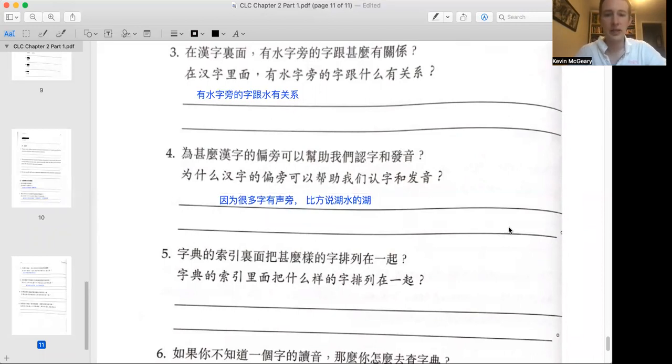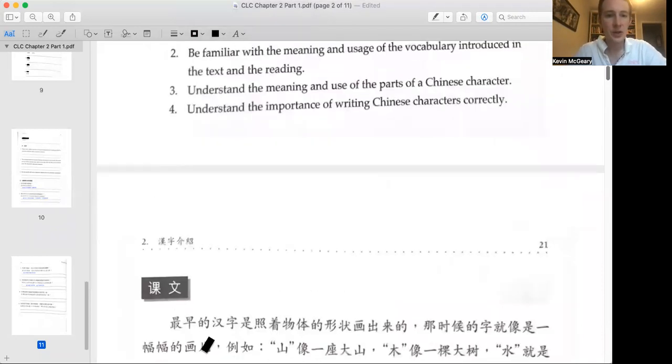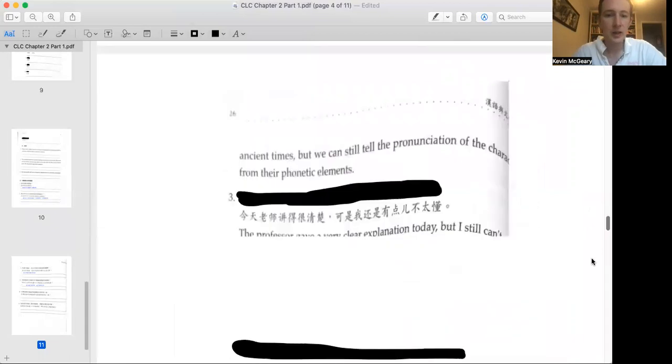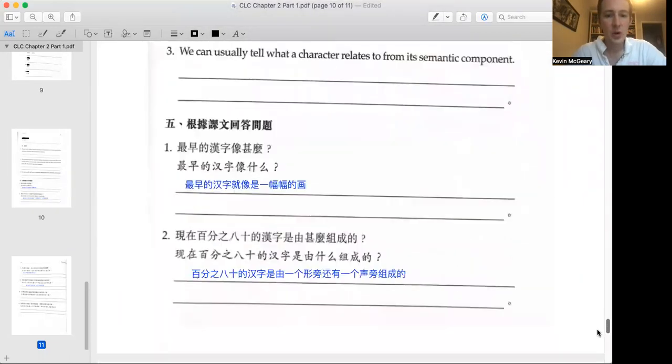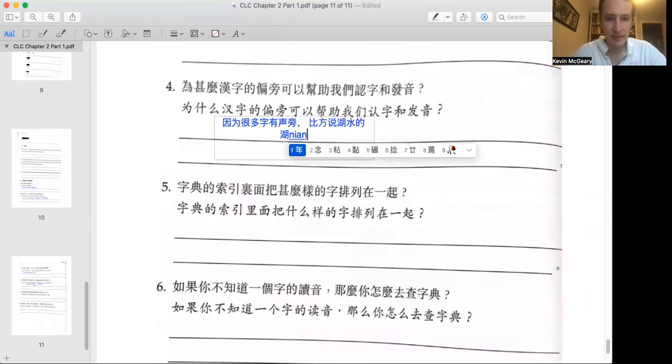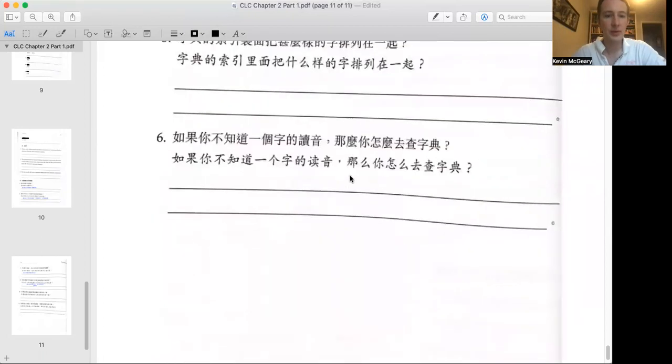So we'll just tidy it up a bit. 湖念湖，湖水的湖念湖, this character 湖 as in Hu Jintao, the former president.